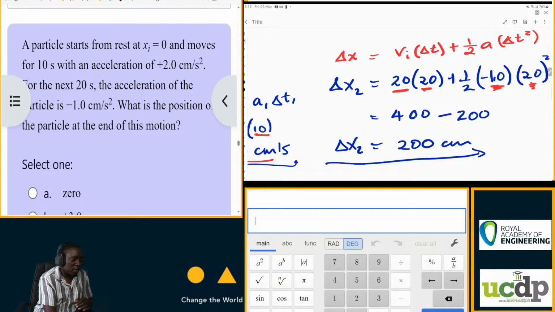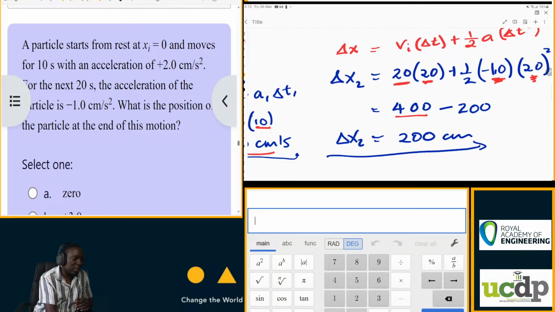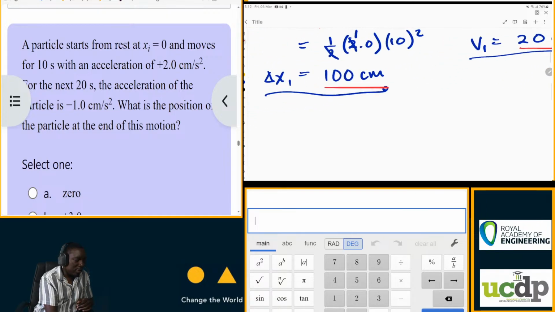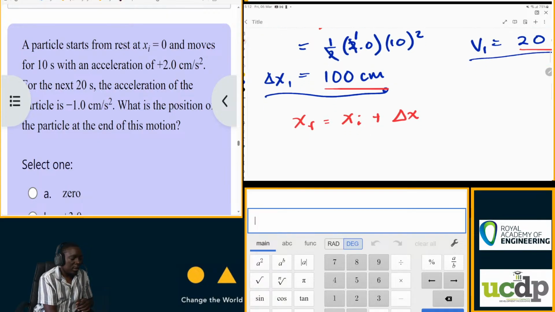So 20 times 20 is 400, and 20 squared is 400 again. Half of 400 is 200. So 400 minus 200 gives us 200 centimeters. The overall displacement, or the final position: x final equals x initial plus the overall displacement, delta x, right?